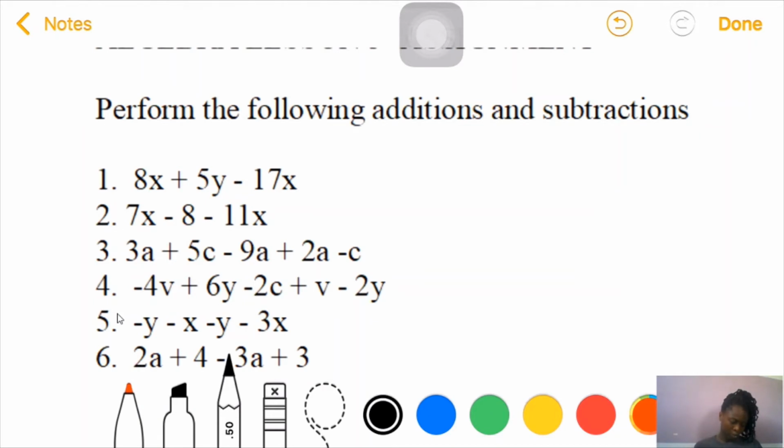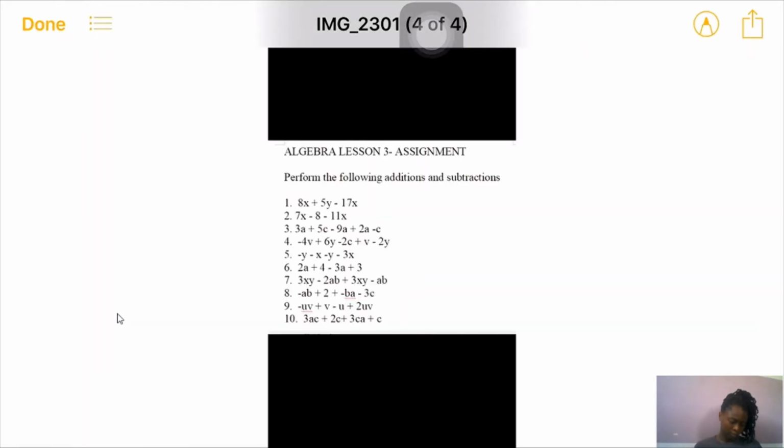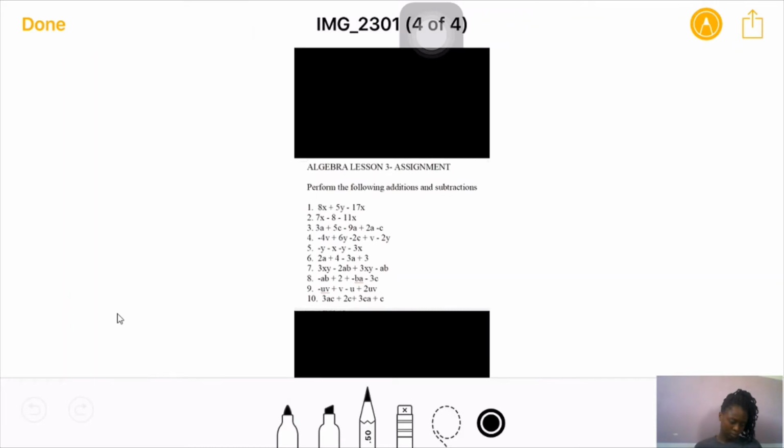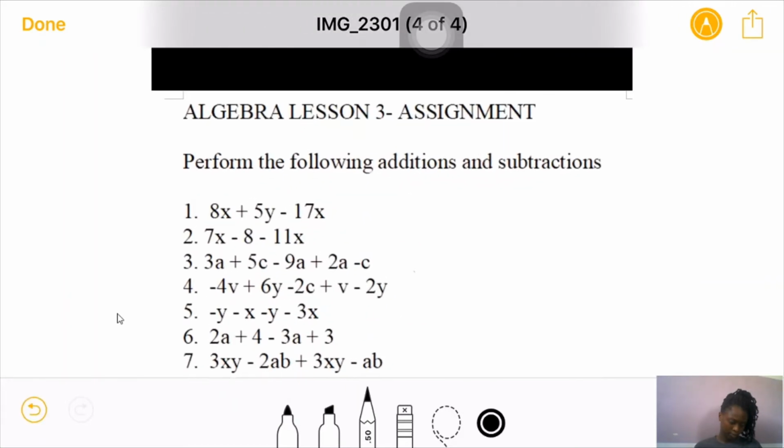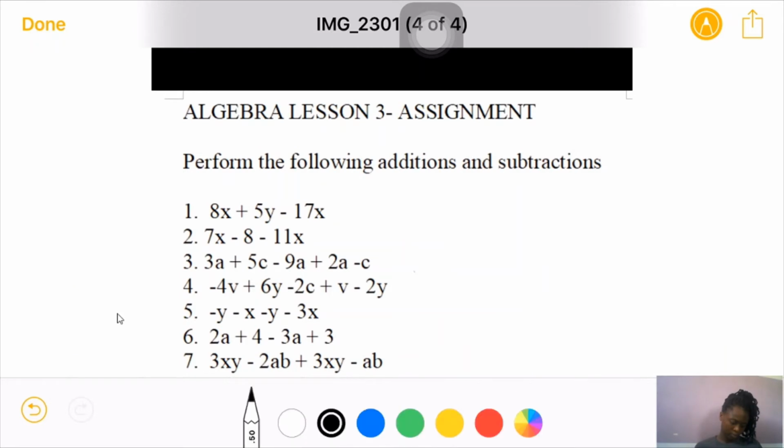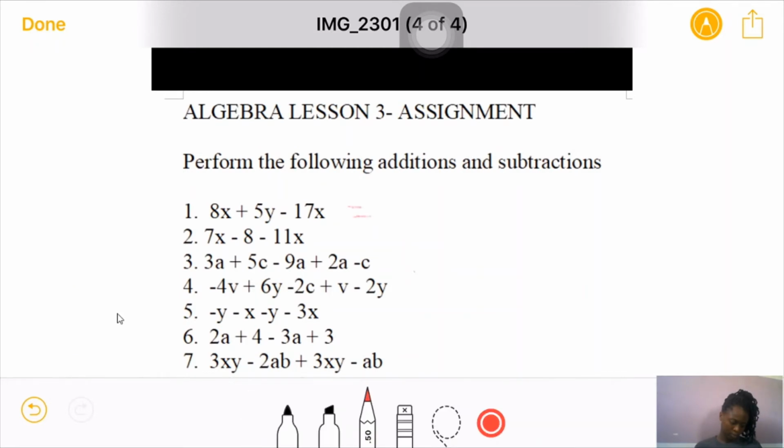So for the first one, we have 8x plus 5y minus 17x. So grouping like terms, we have 8x.